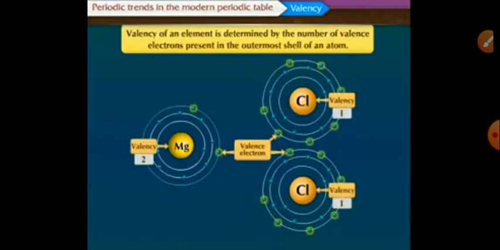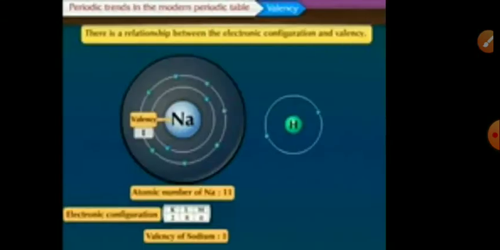The other chlorine also has 1 valency, that means minus 1. So plus 2 and minus 1, plus minus 1, they will be balanced. Now the valency of an element is determined by the number of valence electrons present in the outermost shell of an atom, which you have already studied, children. Let us see the next slide.